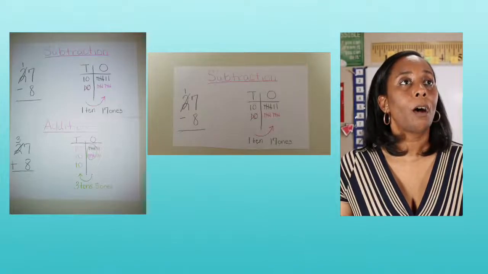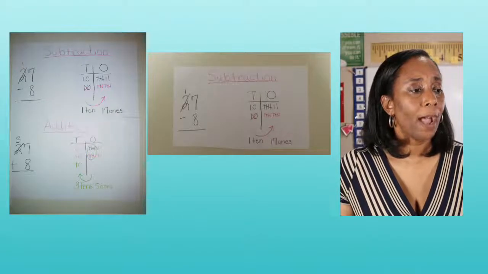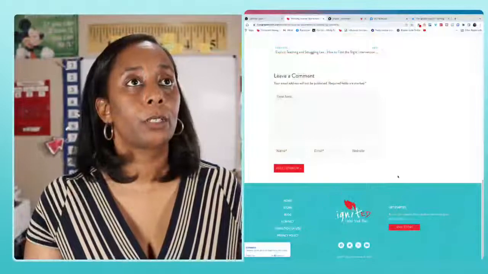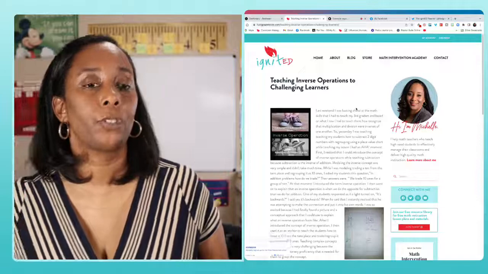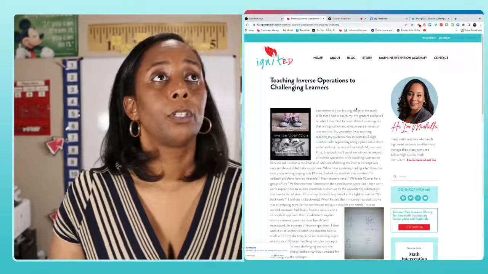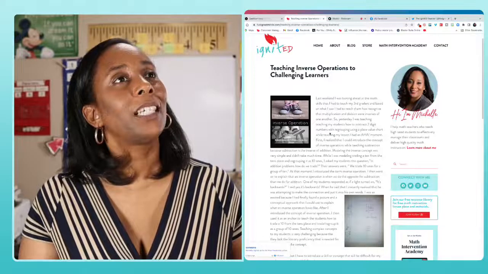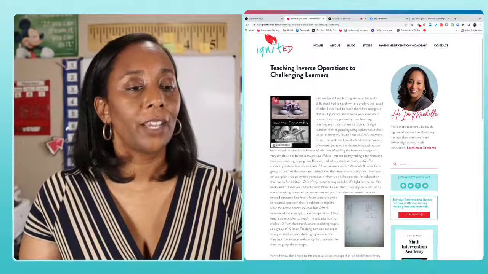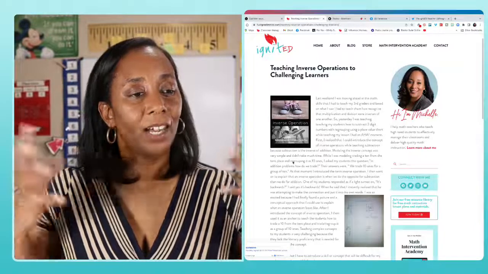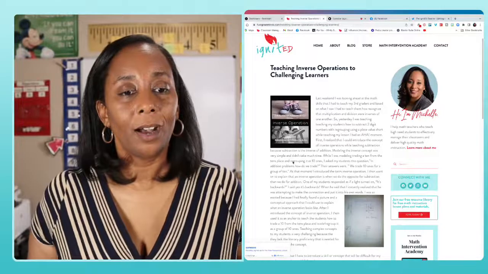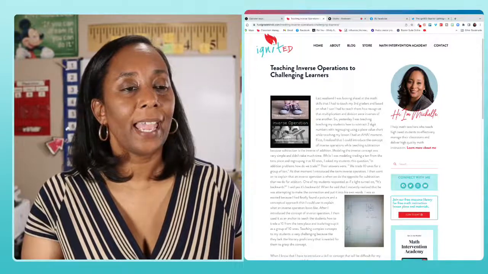So I wrote a blog post, and I don't know how many years ago this was. Let me pull it down. It's called Teaching Inverse Operations to Challenging Learners. I was teaching 3rd grade, and I created this little visual of what inverse operations are.